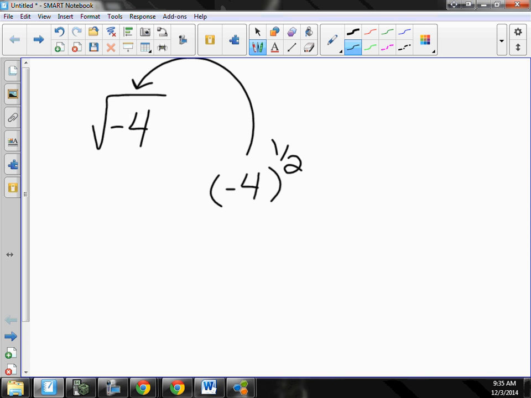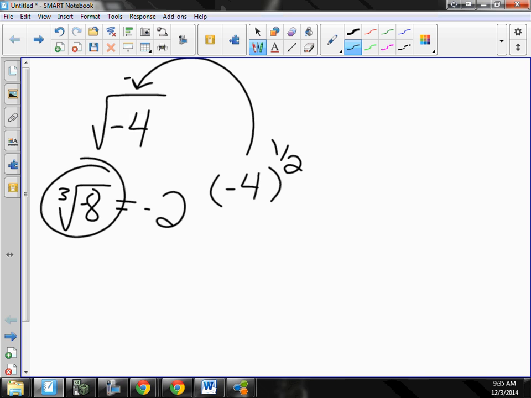Kind of a poorly phrased question. The third root of negative 8 is what? Negative 2. Why does this work and this does not work? Two negatives multiplied together would be a positive. 3 negatives multiplied together would be negative.